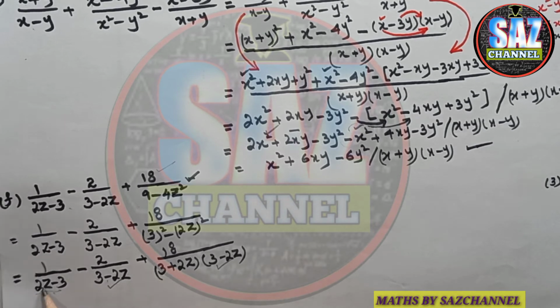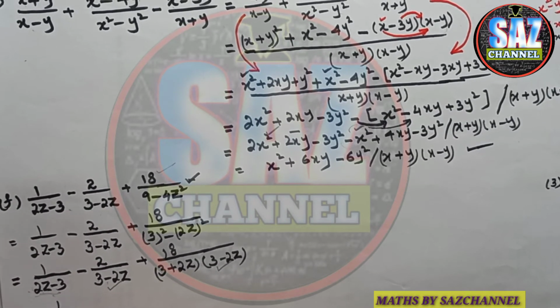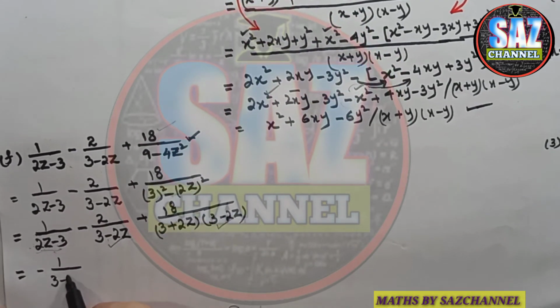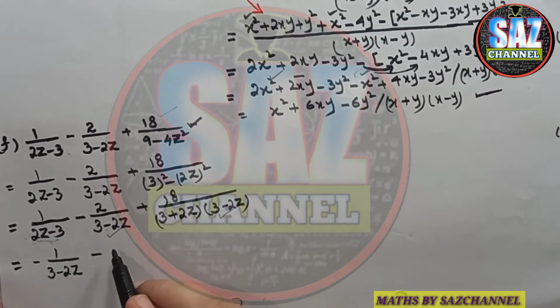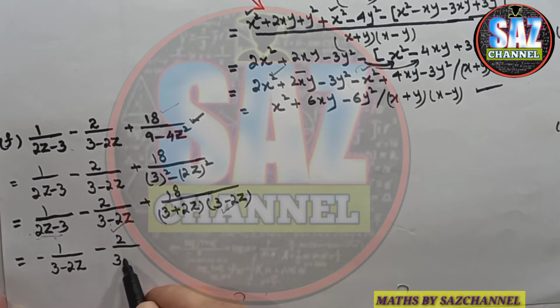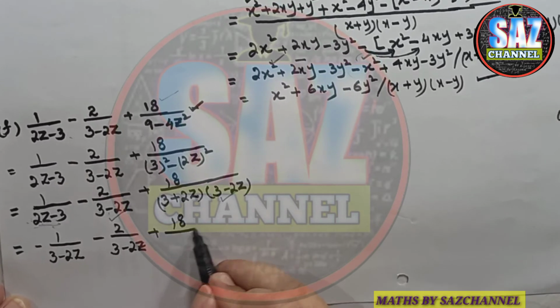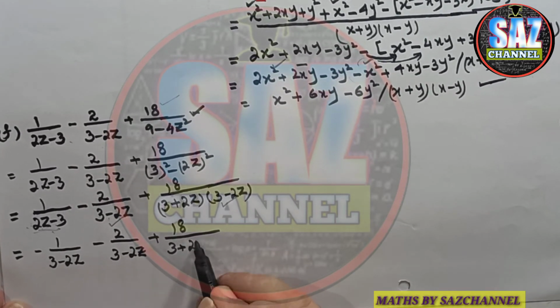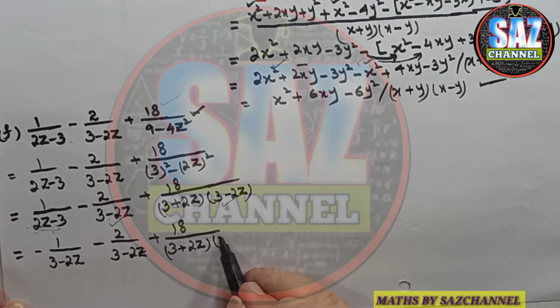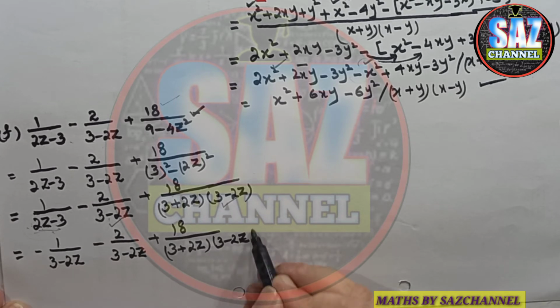In order to turn this 2z minus 3 into the form of 3 minus 2z, I will pull out the minus sign from the denominator of the first fraction, and it will take the form minus 1 over 3 minus 2z, minus 2 upon 3 minus 2z, plus 18 upon 3 plus 2z into 3 minus 2z.